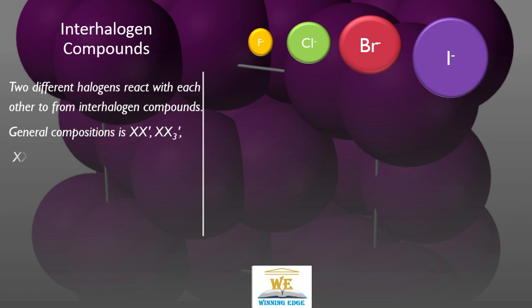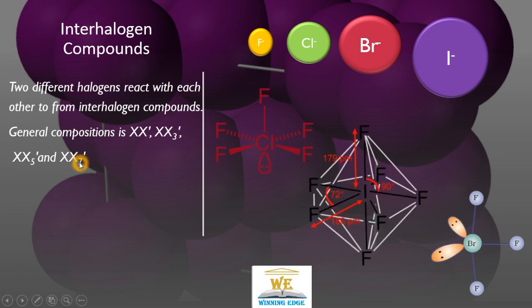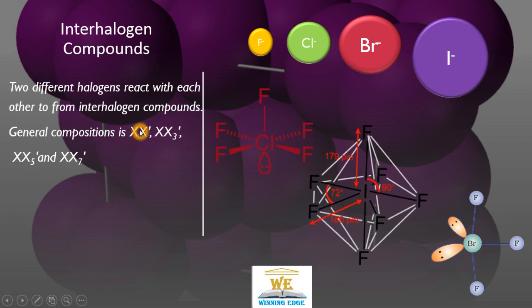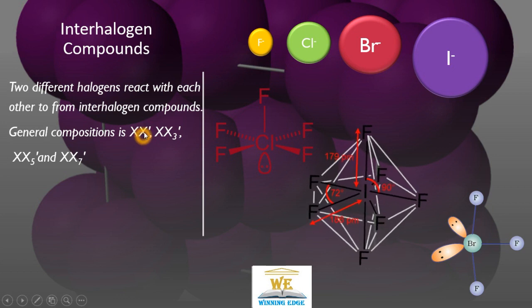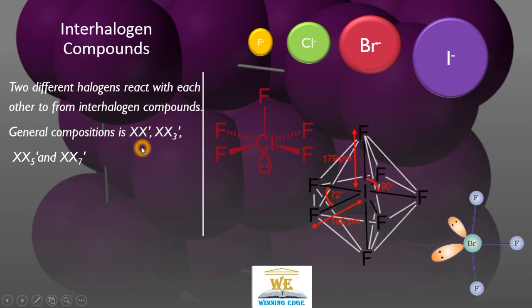The general composition can be XX', XX'3, XX'5 or XX'7. Here X is the larger size halogen and X' is the small size halogen that binds to it.